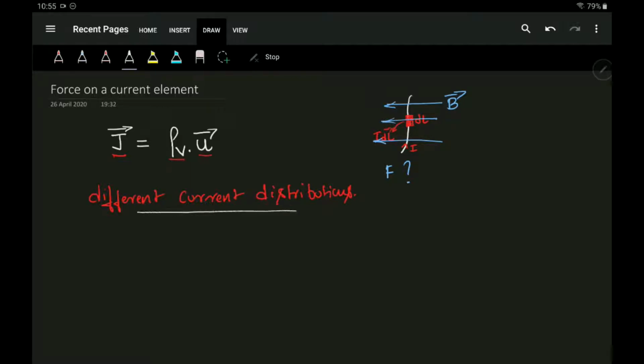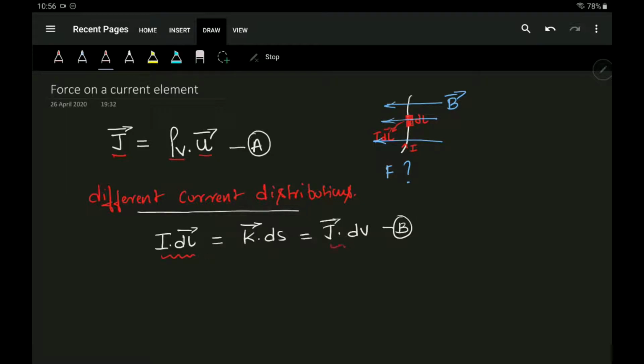The different forms of current distribution were I dl, a line current, K dS, the surface current, and J dv, the volume current. I'll call this equation A and this equation B. I can find a relation between the line current element and the volume current element with the help of equation A.